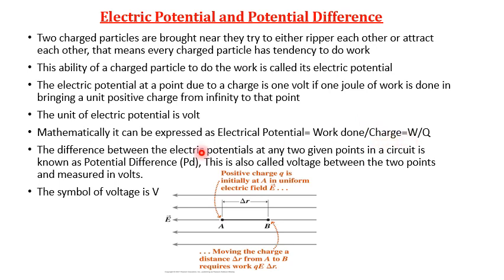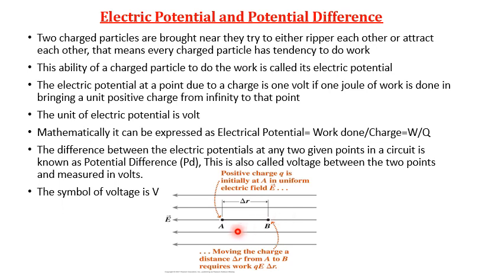Then what do you mean by potential difference? Potential difference is nothing but the difference of electric potential at any two given points in a circuit. See here, two points are considered. This is a conductor, with a point A and a point B. Both points have some potential.